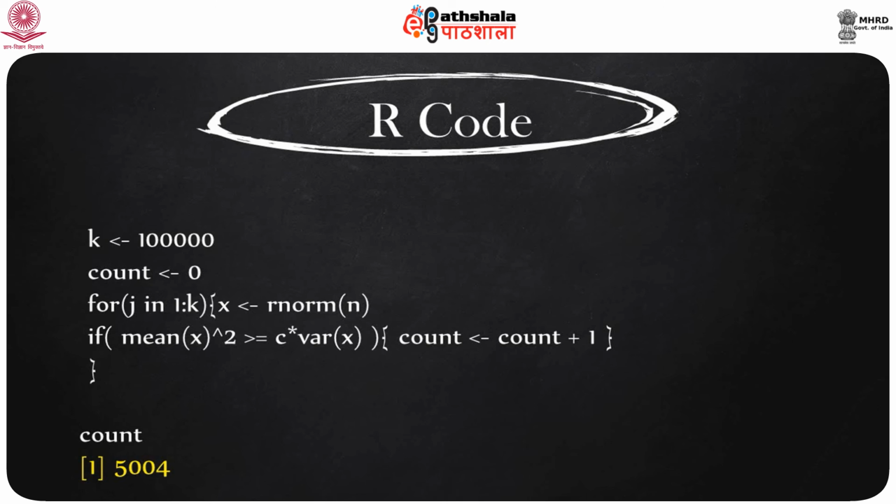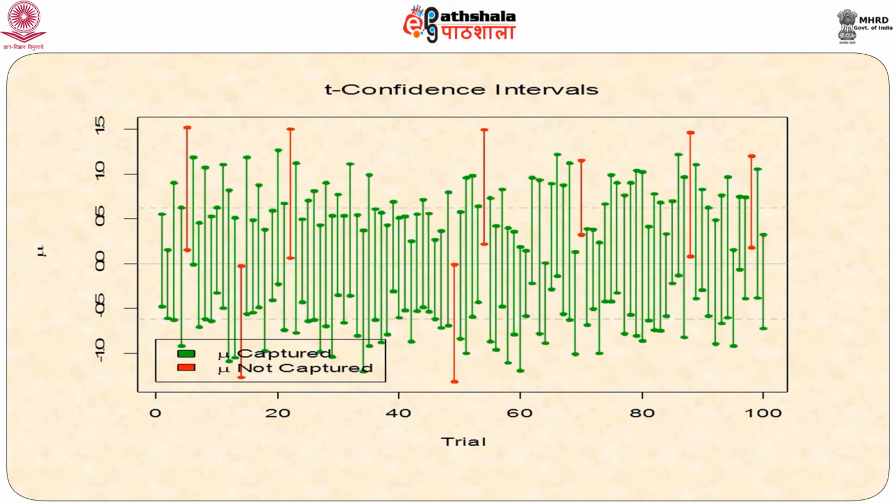So, we can continue doing this with increasing simulation size, but let us stop here and start something which is more interesting visually. Look at the plot. Here this is diagrammatic representation of what we had been talking about so far. The plot says all the things. The cases where mu is captured are denoted by the green lines, and those which do not contain mu are denoted by the red ones.